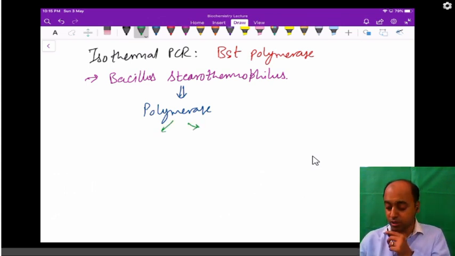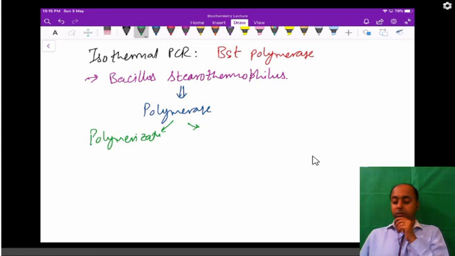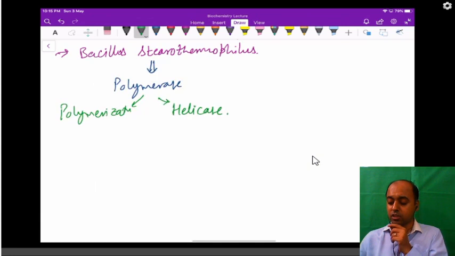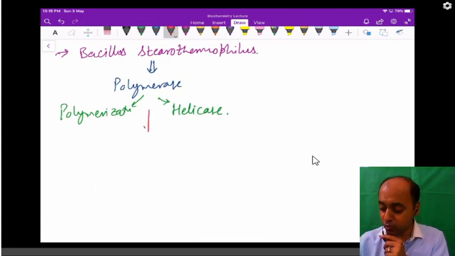First and foremost, it will carry out polymerization just like any other polymerase. But at the same time, it also acts as helicase. So it is a dual function polymerase, and it can be used for what is known as isothermal PCR.